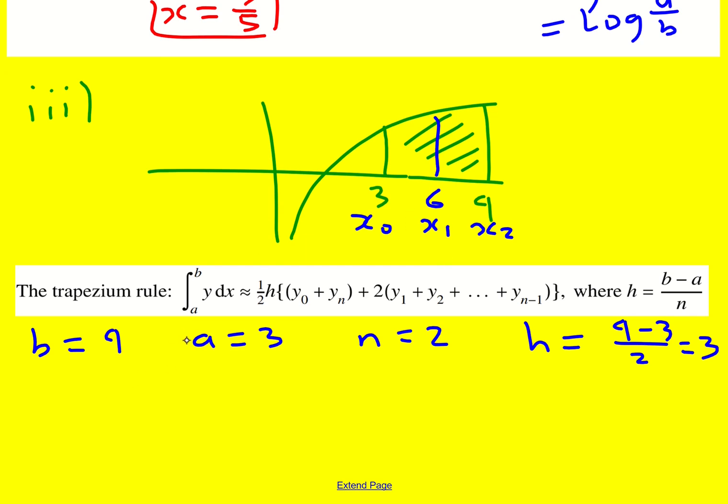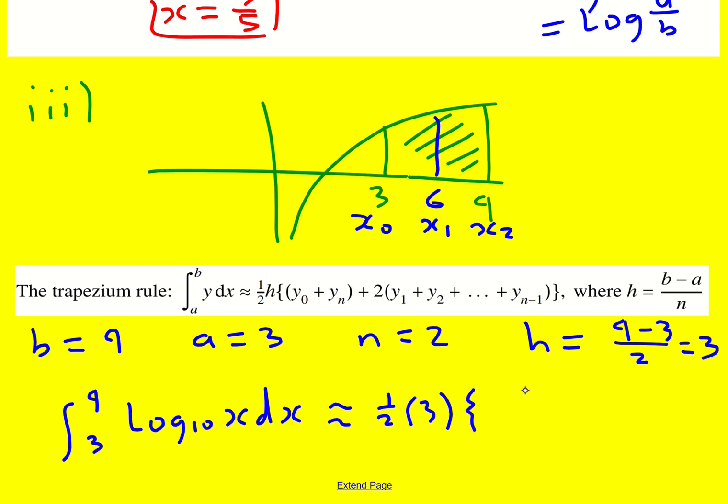So it must be for 3 intervals that my integral, which is log to the base 10, is going to be approximately a half times 3 times y naught plus y2 plus 2y1. I've just replaced n by 2 essentially, and I only need to consider this part, none of these.